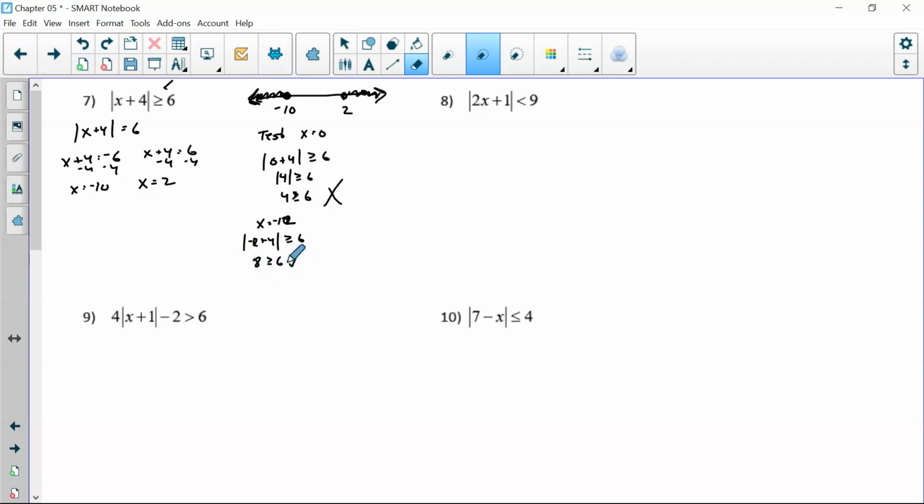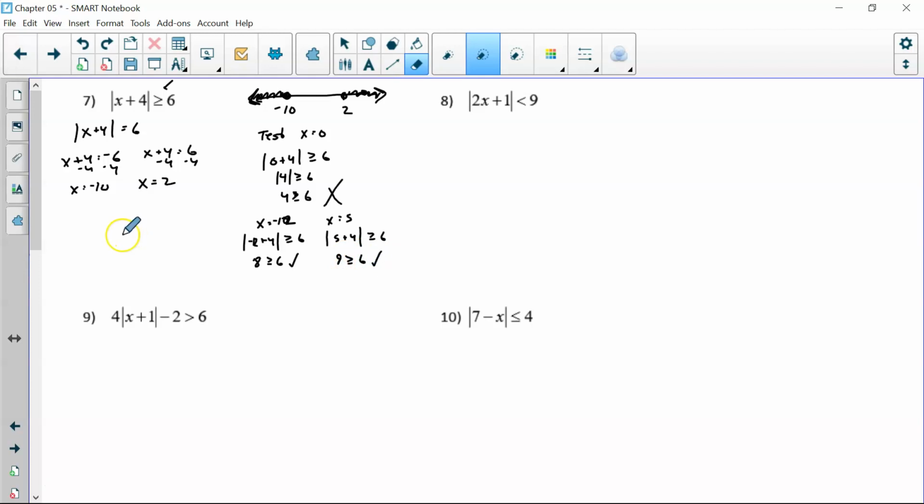That worked. If we pick a number greater than 2, maybe like x equals 5, for example, absolute value of 5 plus 4 is greater than or equal to 6. 5 plus 4 is 9. The absolute value of 9 is 9. Greater than or equal to 6, and that is also true. So we are going to be shading in those outside regions.